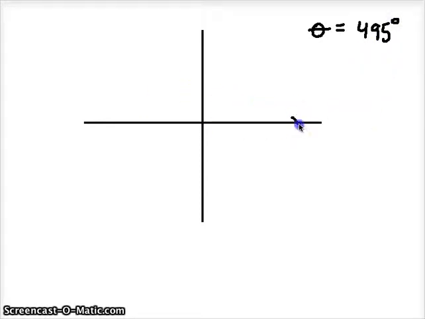So if we start in our initial position right here, in our standard position, and we were to go all the way around our coordinate plane, that would be 360 degrees. And we're going in a counterclockwise fashion for positive angles. So there's 360 degrees, but I haven't measured 495 degrees. So I need to keep rotating here.